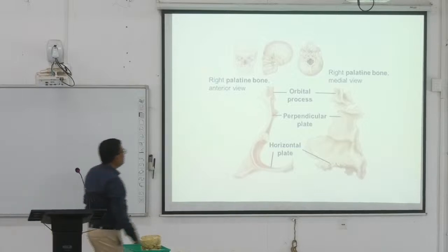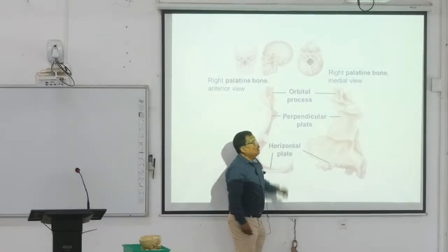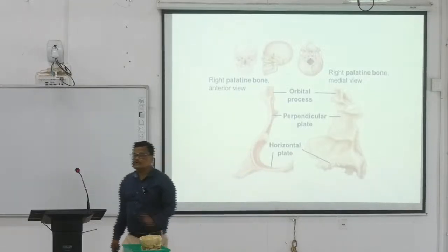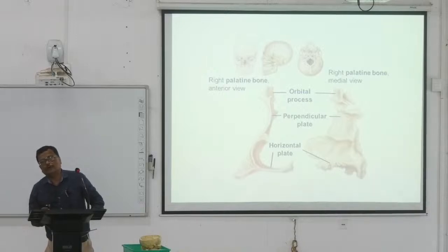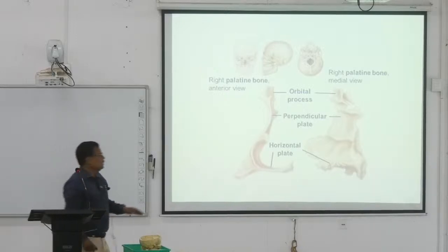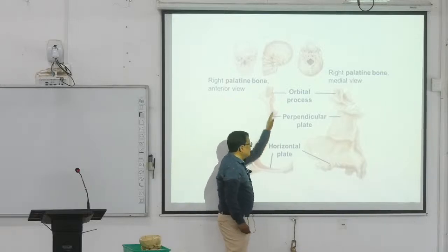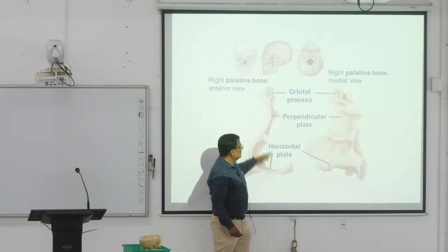The palatine bone has a small process above. This is known as the orbital process. This is the small part, and it also forms a part of the boundary of the orbit. And let me show another thing here: this is the vertical part and this is the horizontal part.